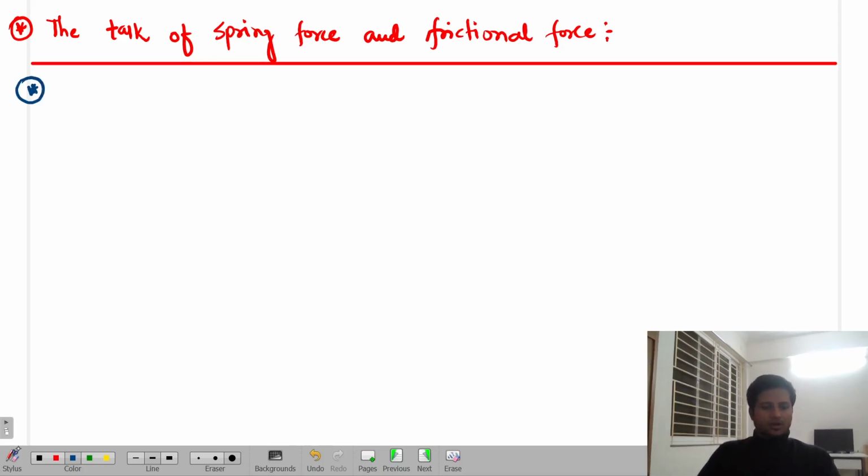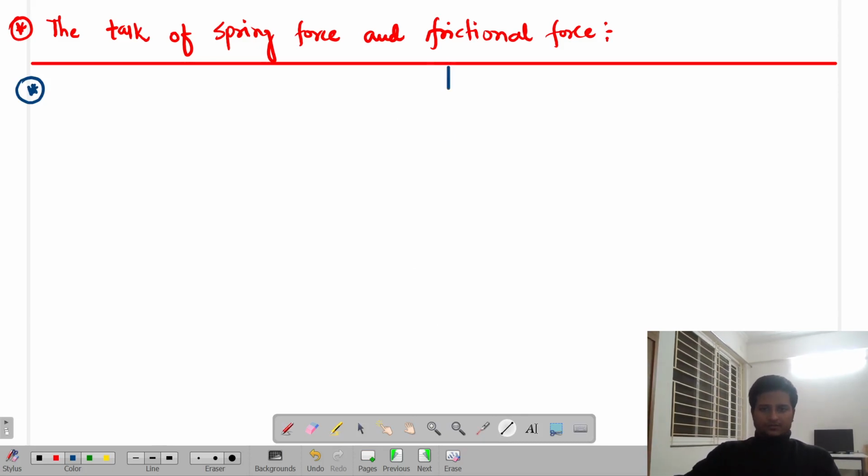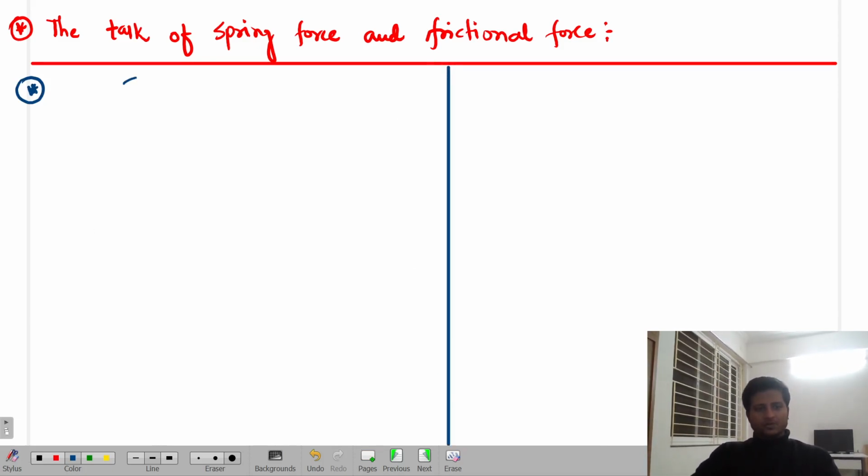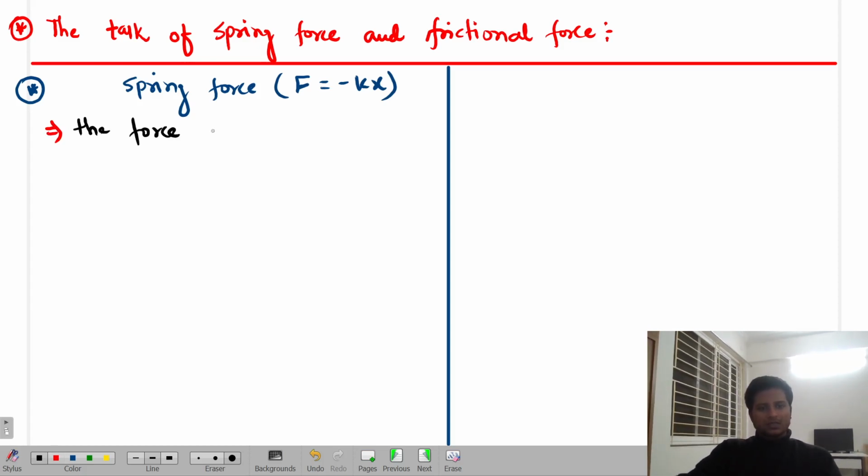Let us talk about one case, that if I'm talking about spring force. First I'm talking about spring force. Now if I look into spring force, the force equation is given as F is equal to minus kx, isn't it? Yeah. So basically, this force is path dependent, isn't it?